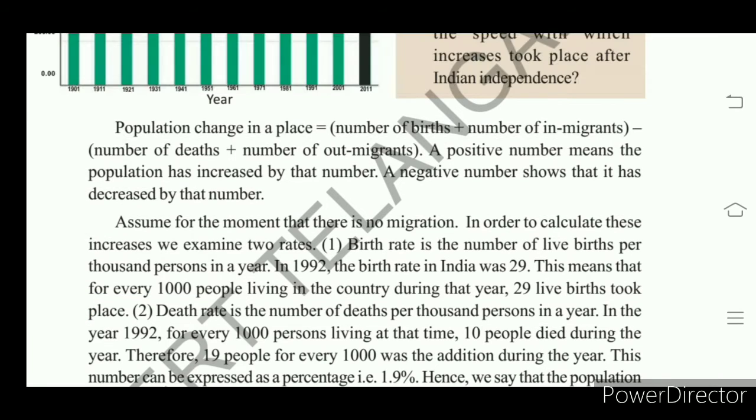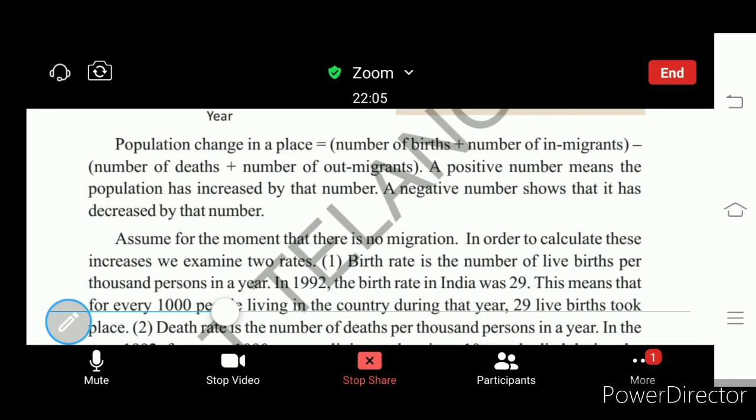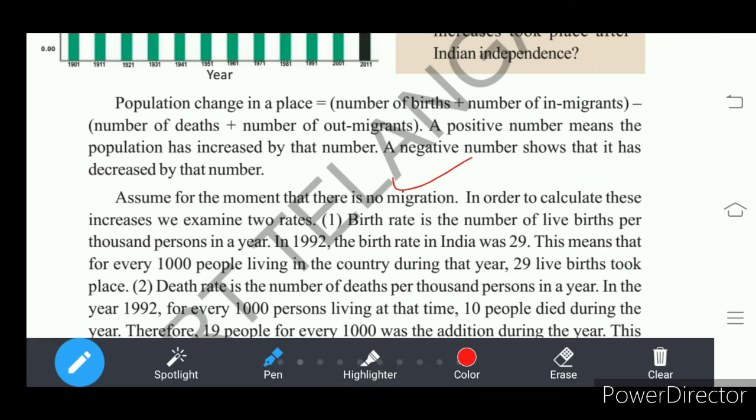Actually, we have to calculate the population change taking three aspects: birth rate, death rate, and migration. But here we are considering there is no migration in India. Then how does population change with the birth rate and death rate?